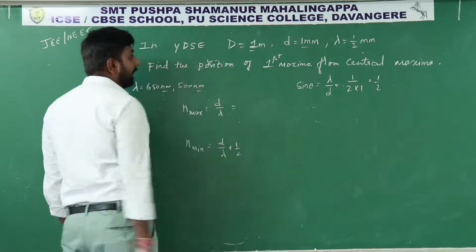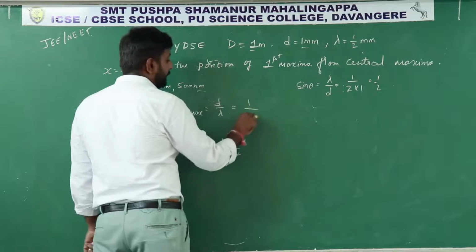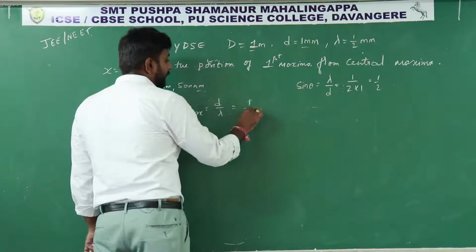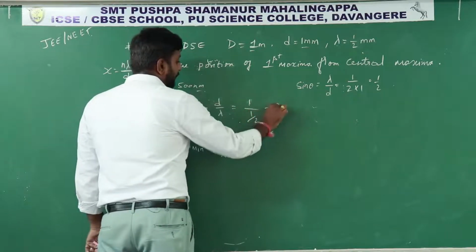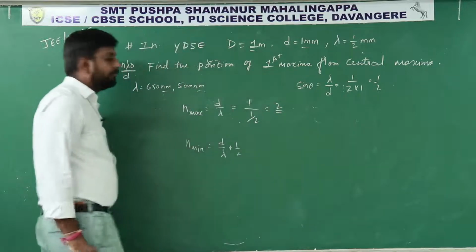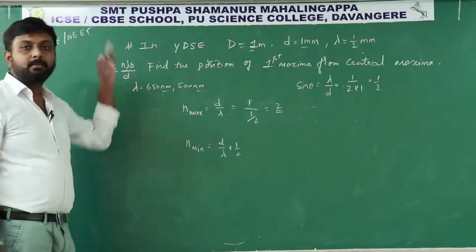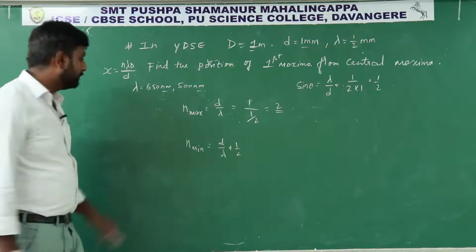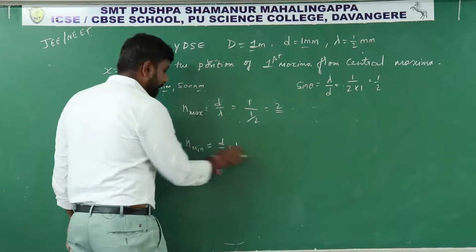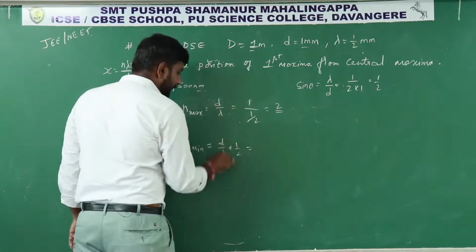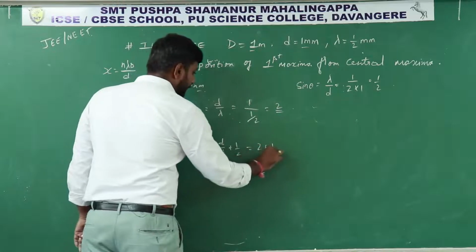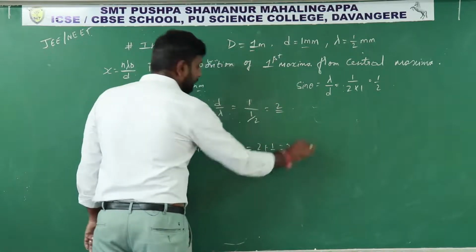So d is 1 millimeter, lambda is half millimeter, so you will get the number of fringes as 2. Maximum number of bright fringes is 2. And for n minima, d by lambda is 2, plus 1.5, you will get 2.5, right?